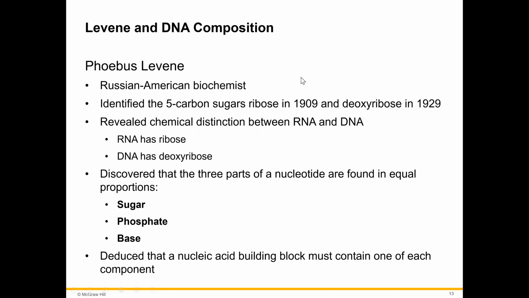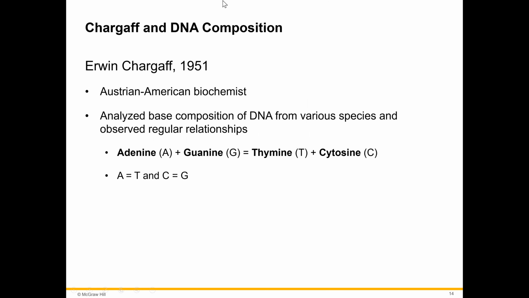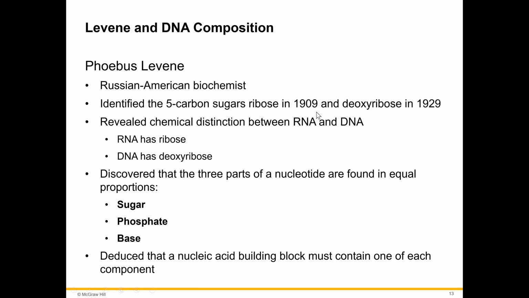Okay, so here we have another Russian-American scientist, biochemist, his name is Phoebus Levene, and he was pretty much a pioneer in discovering DNA composition, right? What is this DNA made of?